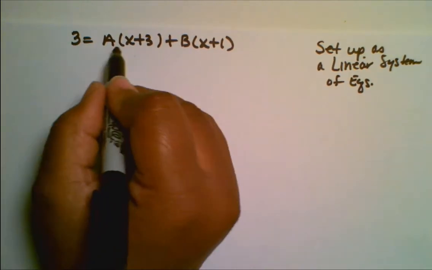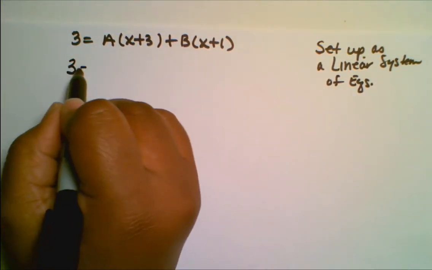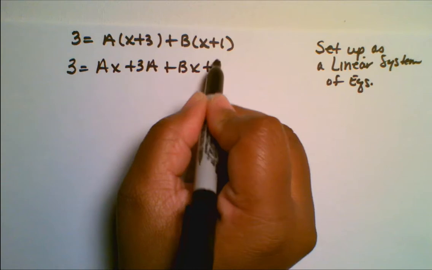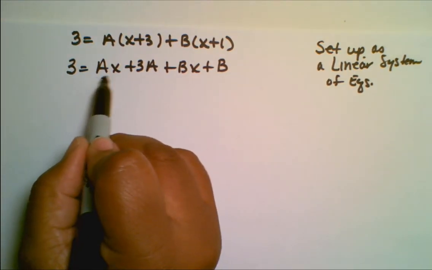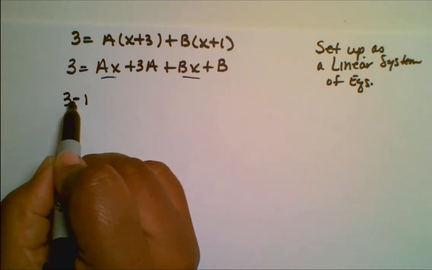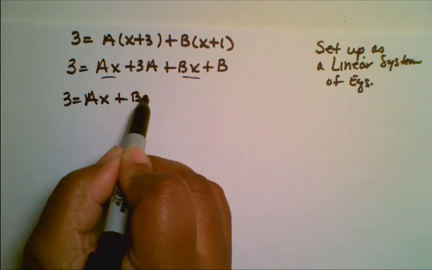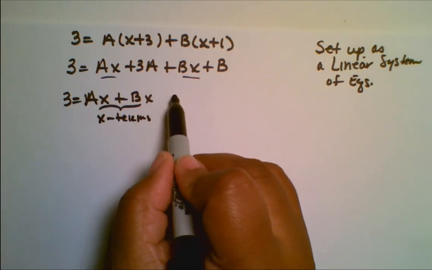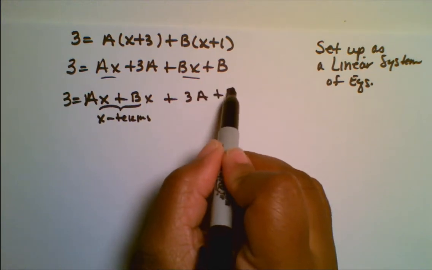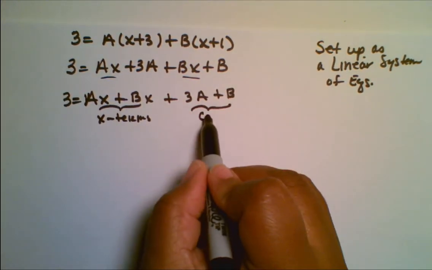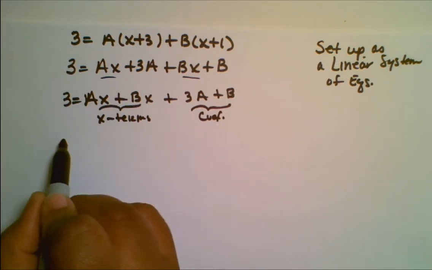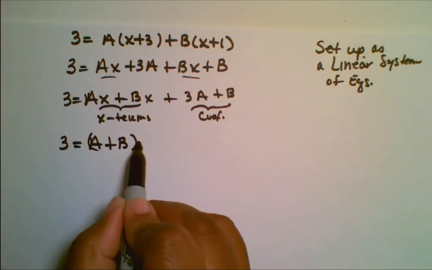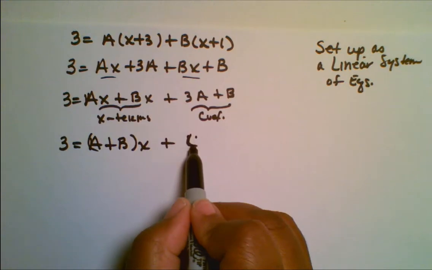To do so, let's distribute the A and B. We have 3 is equal to Ax plus 3A plus Bx plus B. Combine your x terms. Those are your x terms. And then we're going to combine the coefficient component. So with your x terms, let's factor out the x, and then we're going to keep our coefficients.